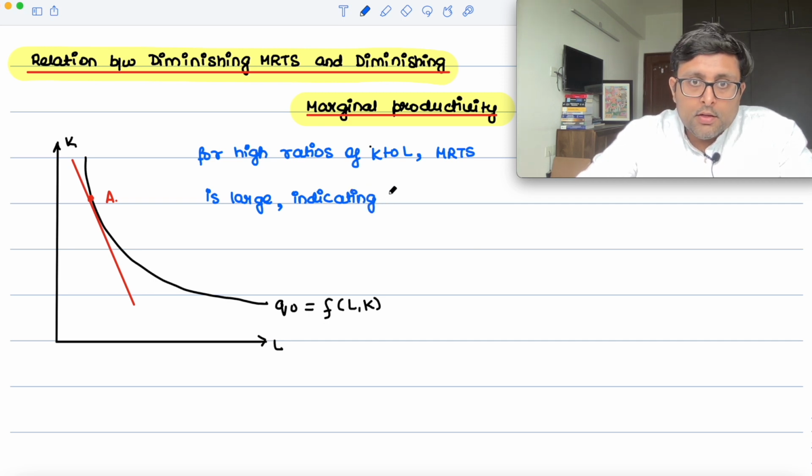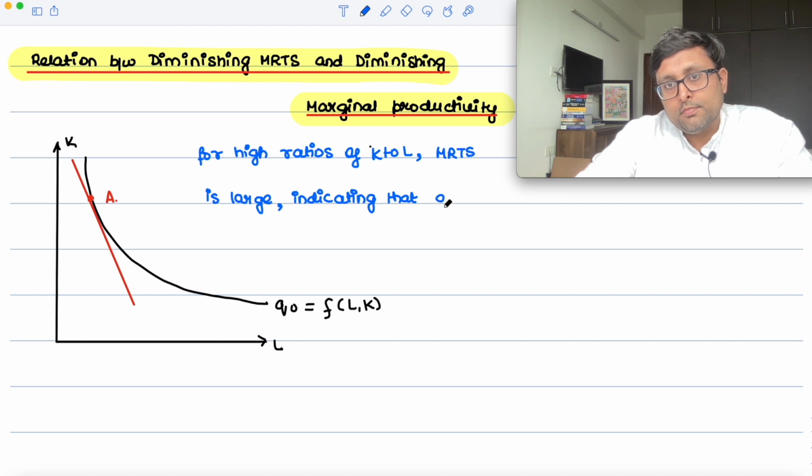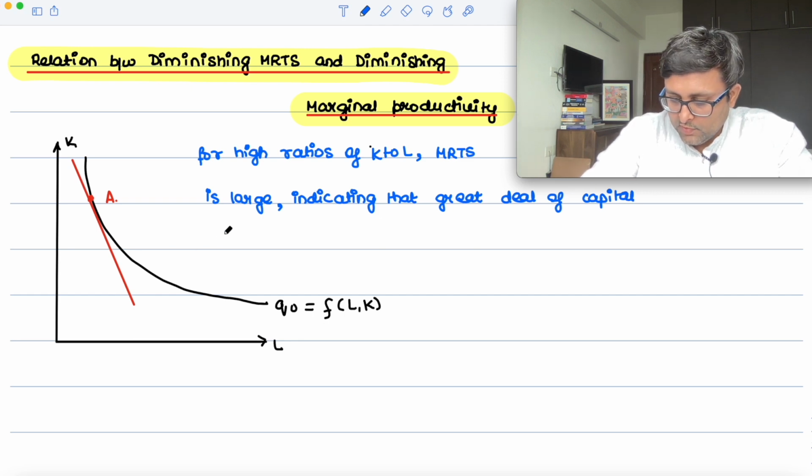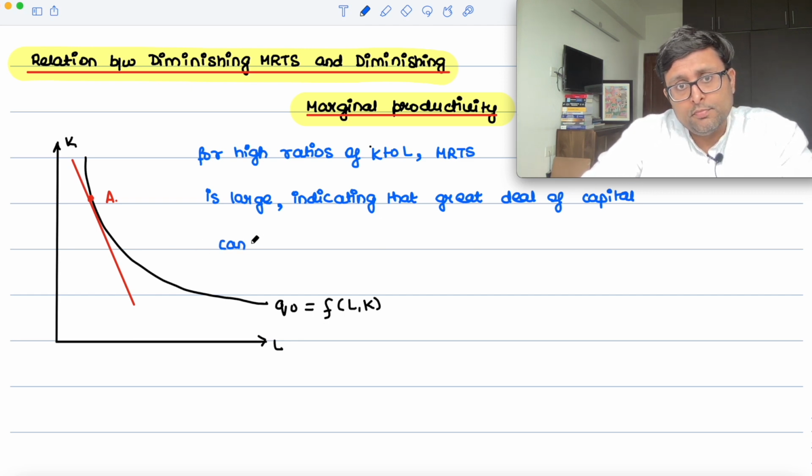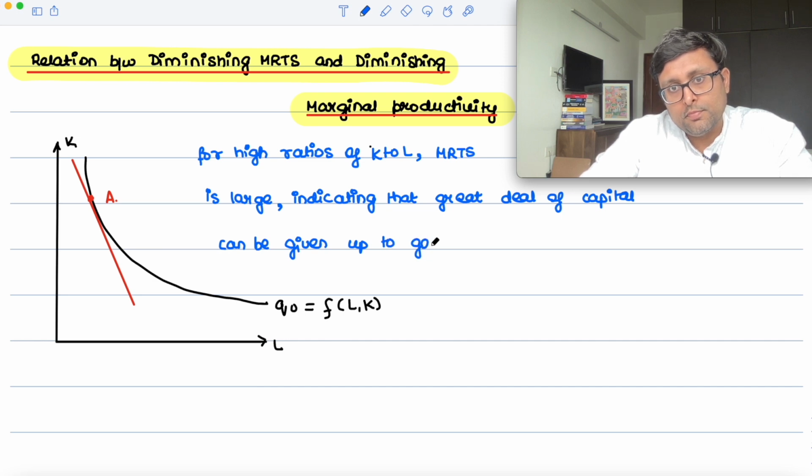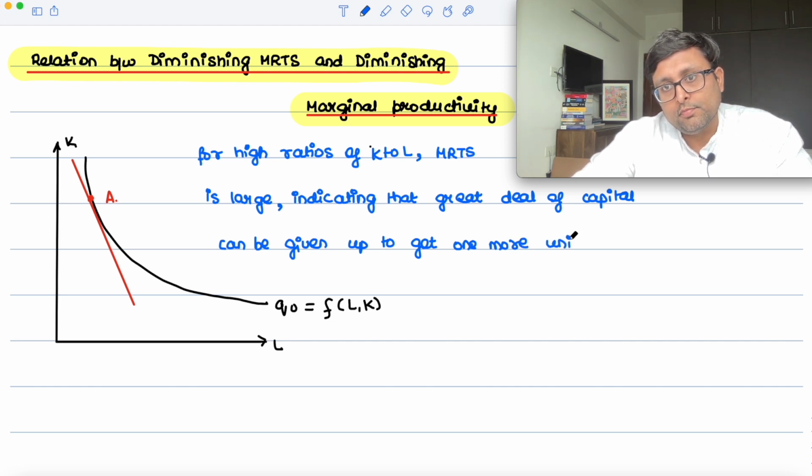Indicating that a great deal of capital can be given up to get one more unit of labor. That's what it is.